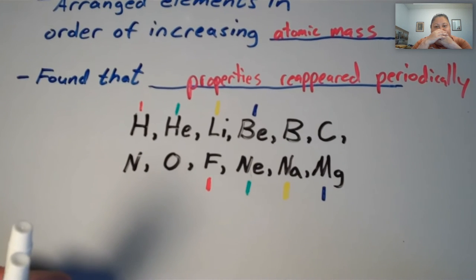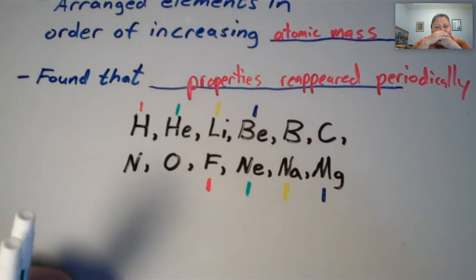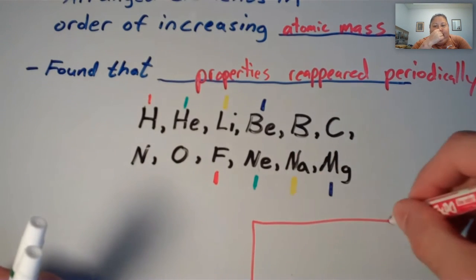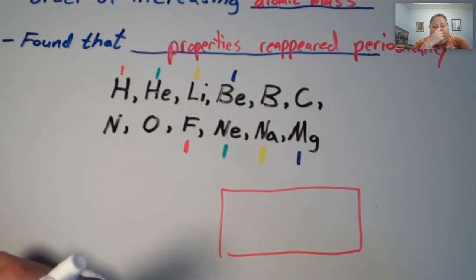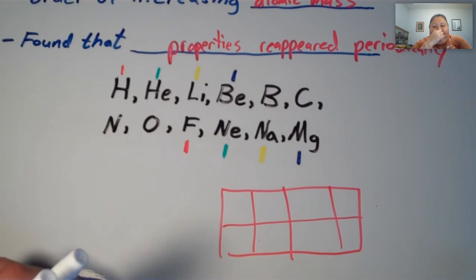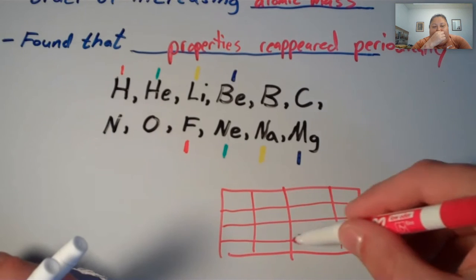So what he did was he took this data and he arranged a simple table. So let's say that's my table. And this table has rows and it has columns. Put some more rows in there.